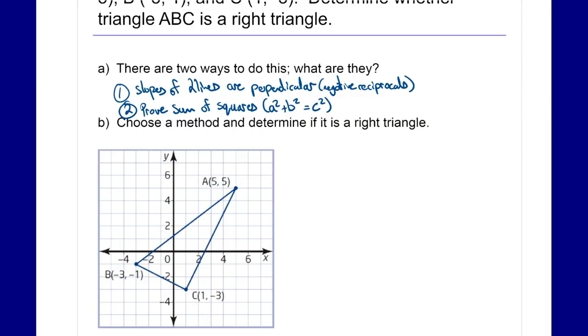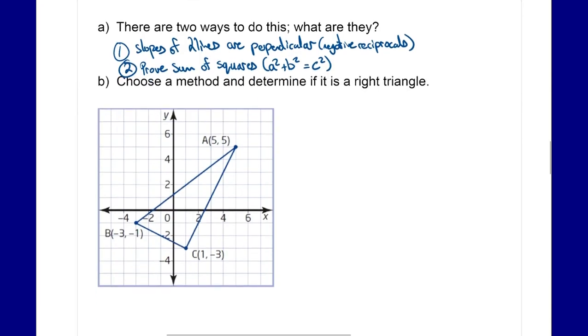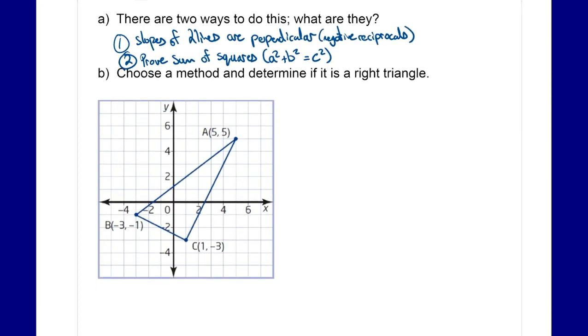I could check the slopes for two lines and see if they're perpendicular, or I could prove the sum of squares formula, which would require me to find the lengths of every side and then plug them into this calculation. The method we're going to use in this example is number one. We're basically looking for slopes that are negative reciprocals.